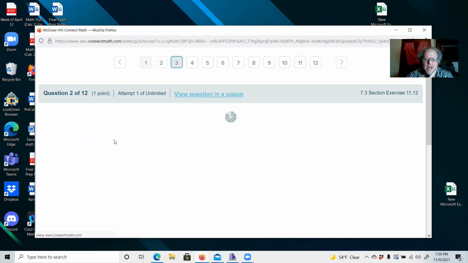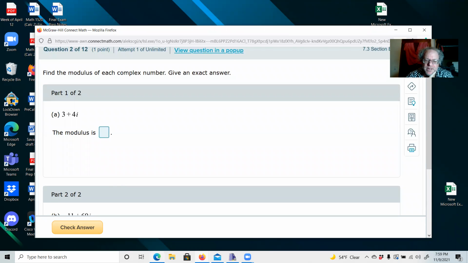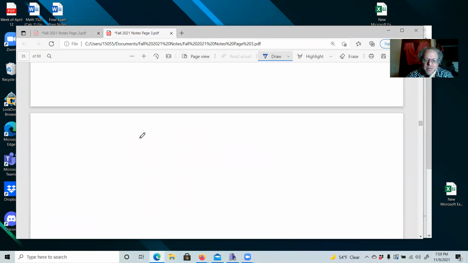We're talking about the modulus. They're talking about the length, the distance. So if we have a 3 plus 4i, what that means is 1, 2, 3, 1, 2, 3, 4. They want to know what this is. So this is the sides of a triangle, right?